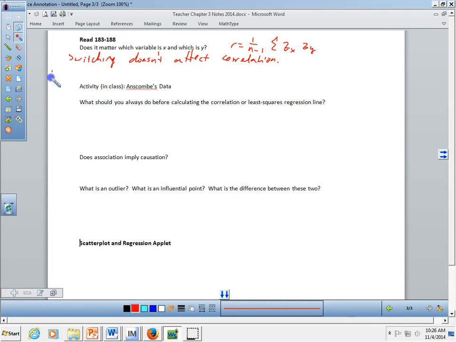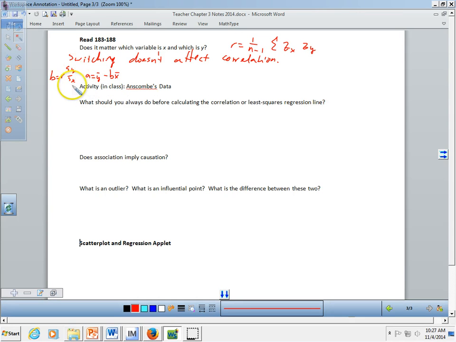But if you go back to your formulas for slope and y-intercept for regression equations, it may be surprising that switching the variables doesn't affect the strength of the correlation, so it may not be surprising that it actually does change the regression equation, right?